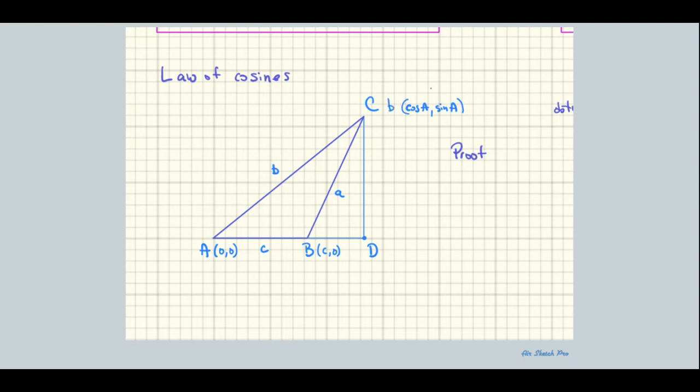But because the length is b, not 1, the coordinates can be written as b times cosine A, sine A, which I can then bring in to the coordinates, giving me the coordinates for C of b cosine A and b sine A, just like that.